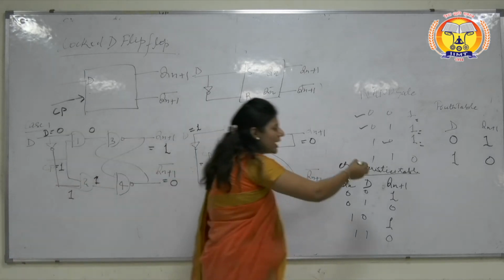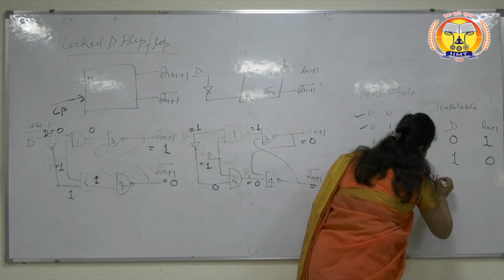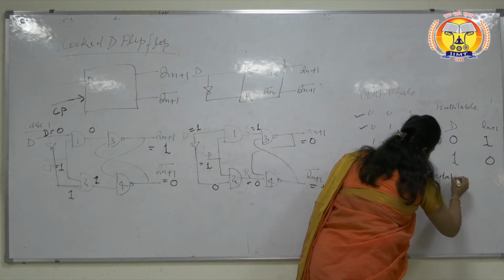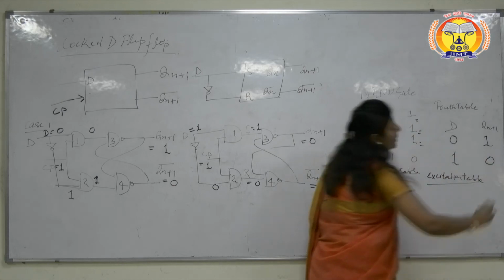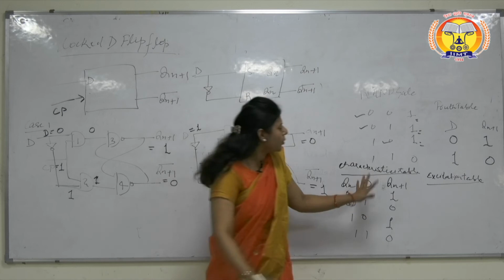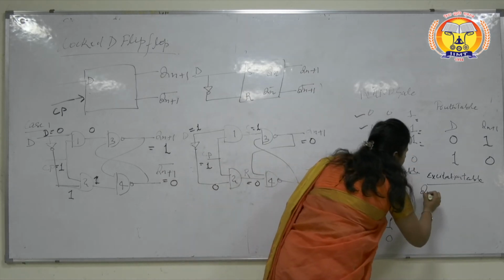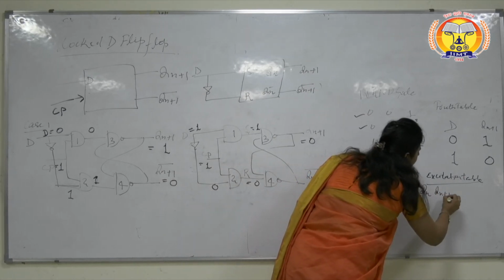If we have to draw the excitation table for this, the excitation table will be drawn between the output and input variables, meaning in this case we have to find out the value of the input.